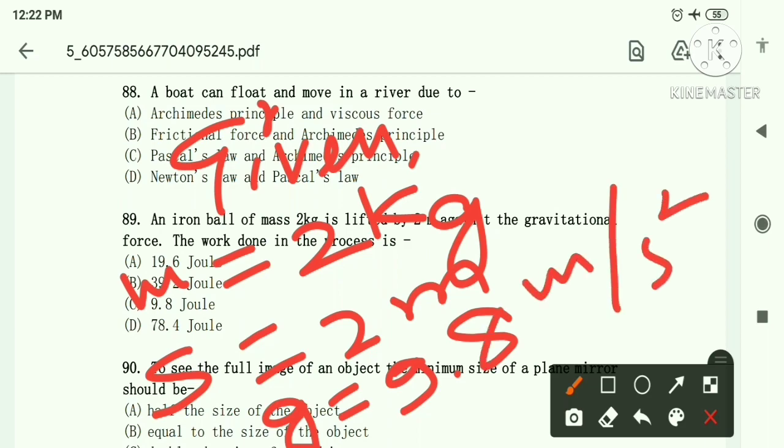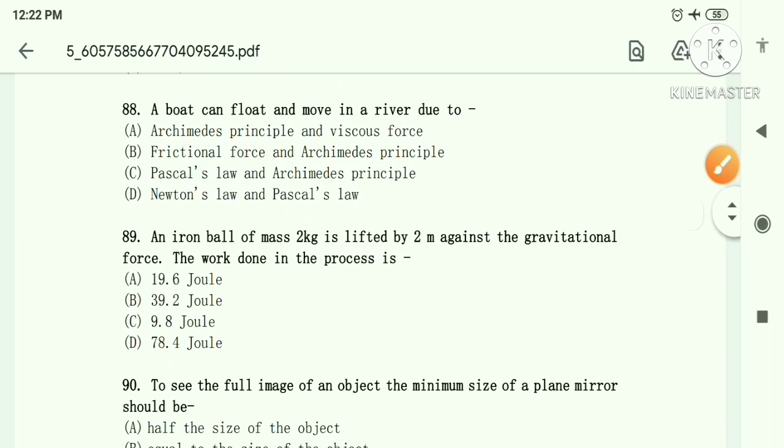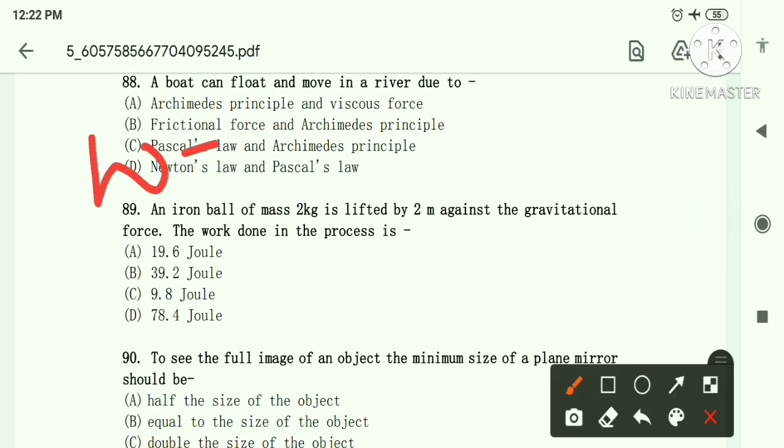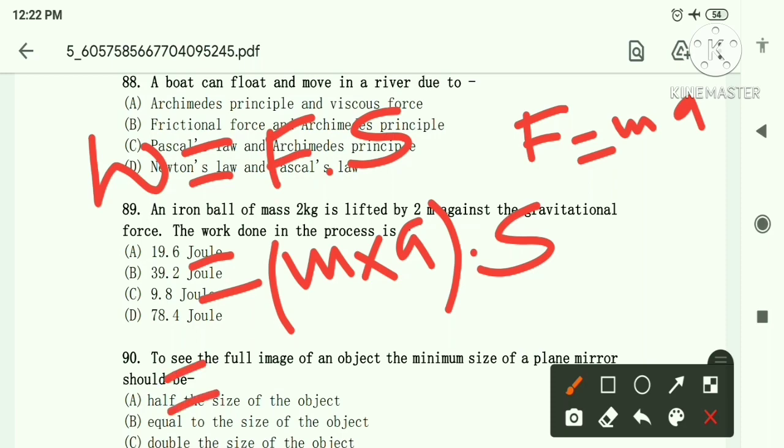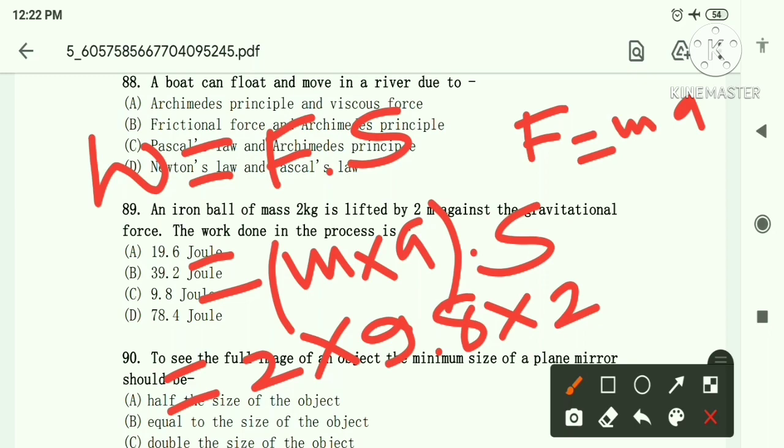It is given here. We know that work done equal to force into displacement. Now F equal to mass into acceleration. We have to put in this m into a into displacement. So put the value here, 2 into 9.8 into 2. Mass 2, acceleration 9.8, displacement that is 2.